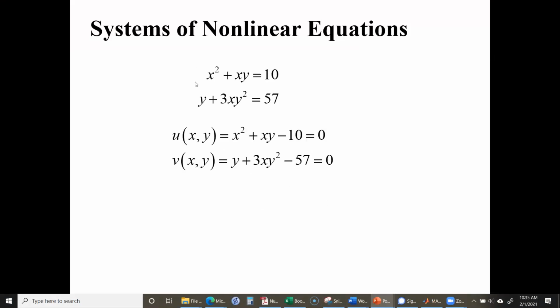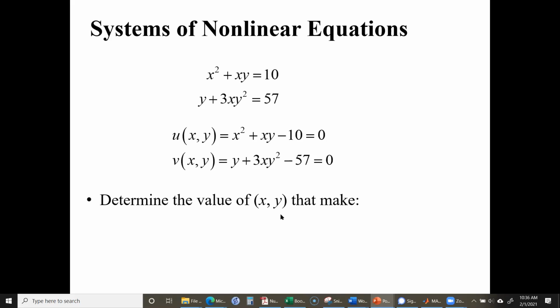By the solution, we mean that we will find the values of x and y in such a way that both of the equations are satisfied, the first equation and the second equation.